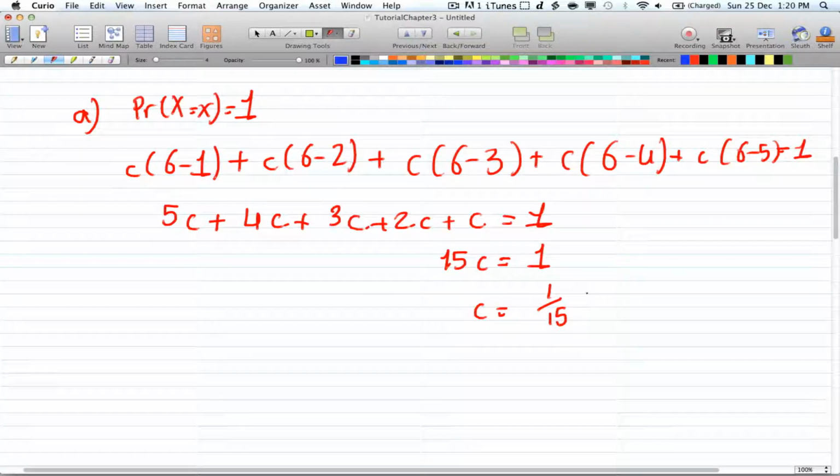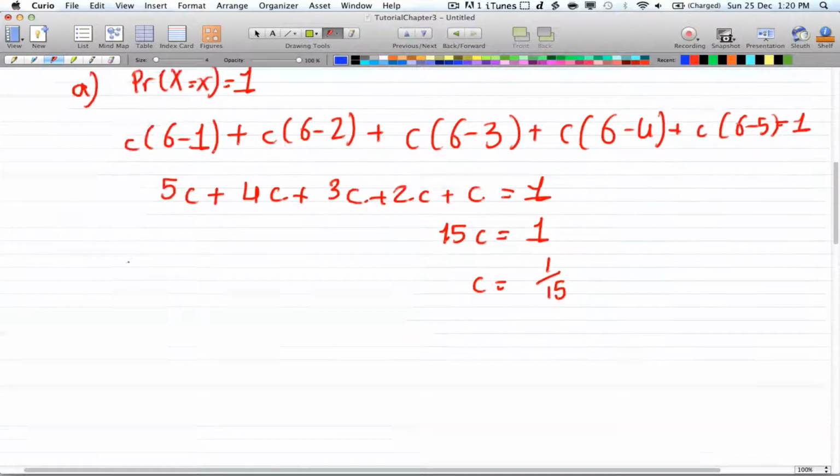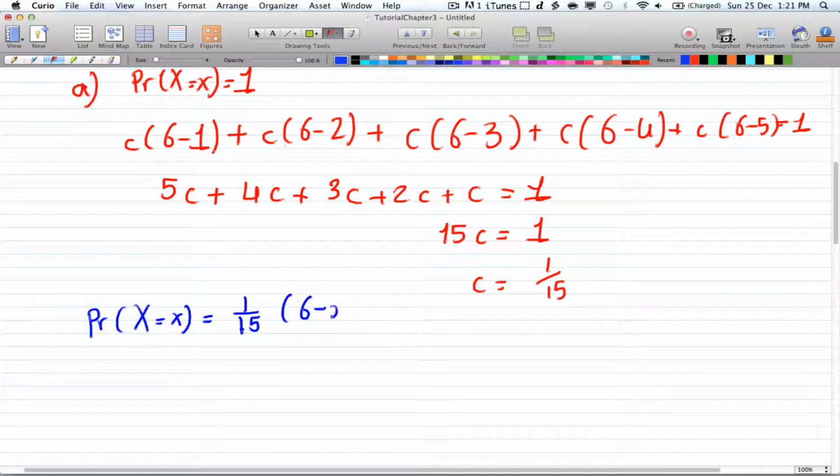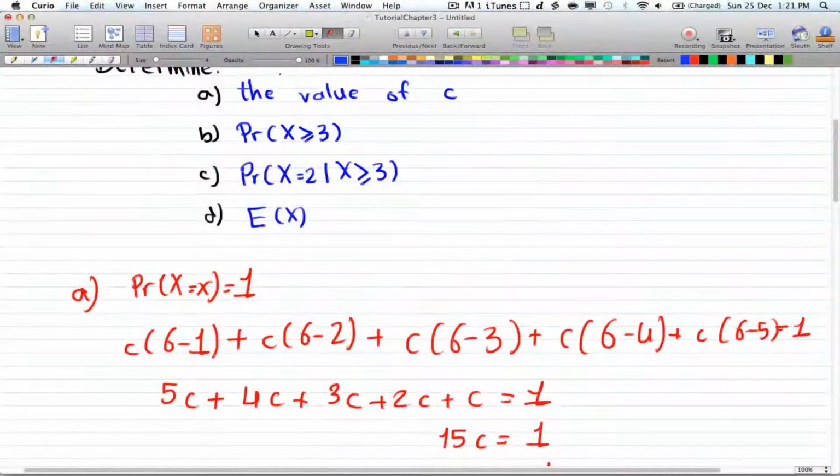Now we found the value of c, so the formula now is the probability of x equals x is equal to 1 over 15 times 6 minus x. Alright, so part b now: the probability that x is greater than or equal to 3.